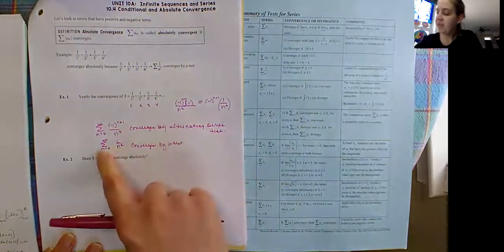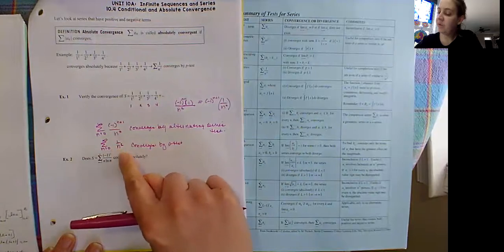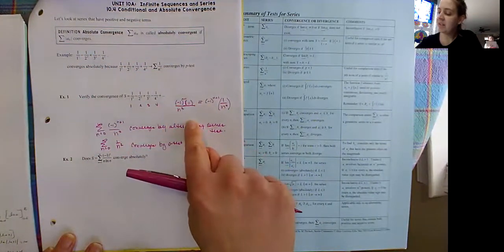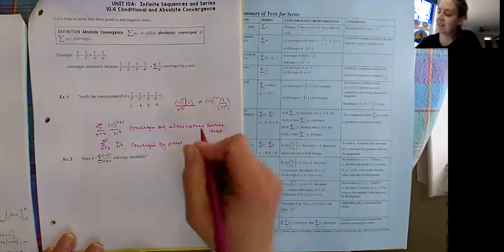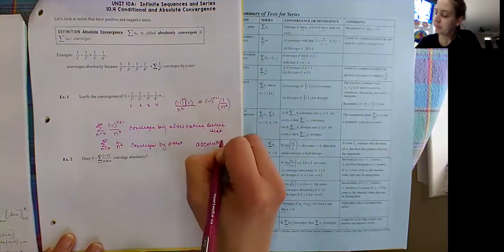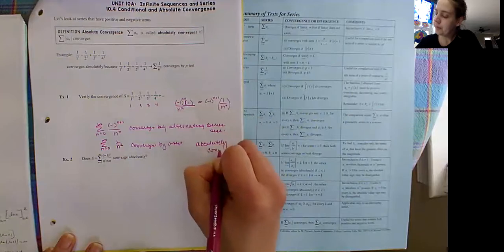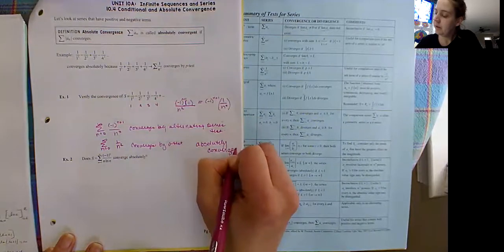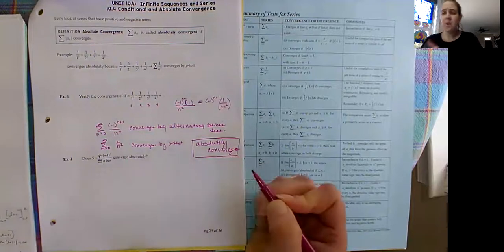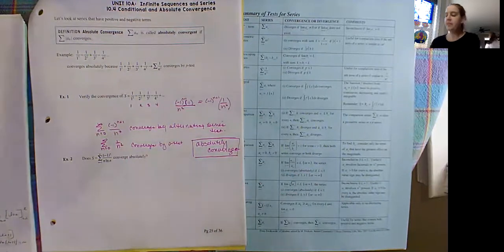So this is the positive only version. So because the positive only version, the absolute value, converges, and the alternating piece converges, you can actually say that this is absolutely convergent. Now, again, I don't know if this is going to be included on that BC exam with the alternating series test. We'll have to see.